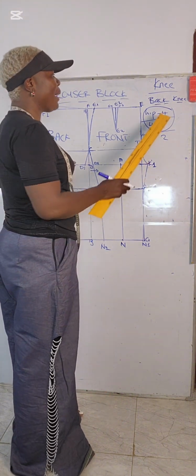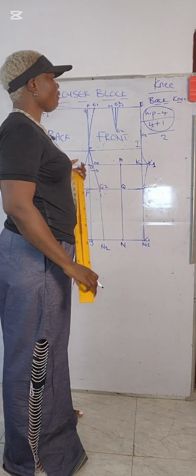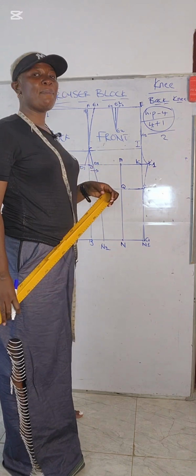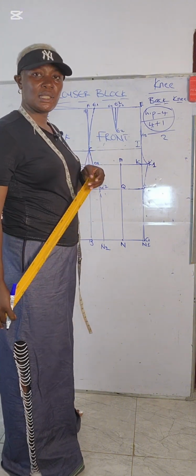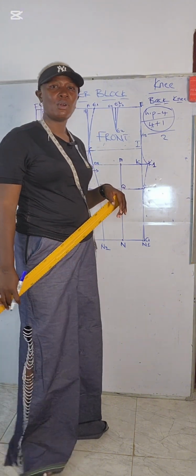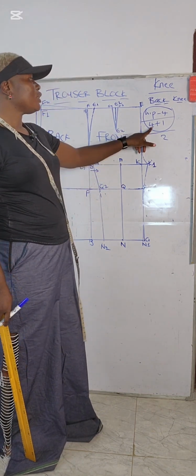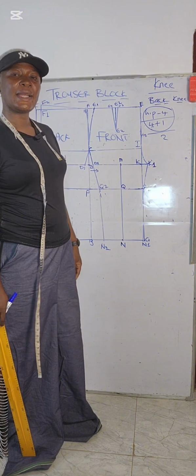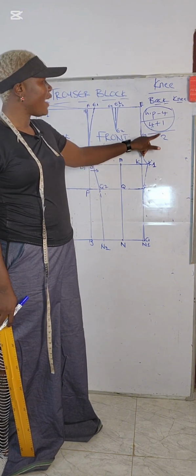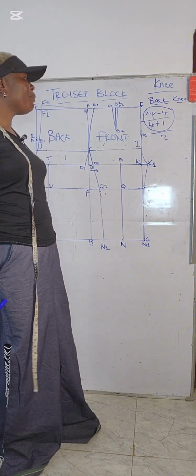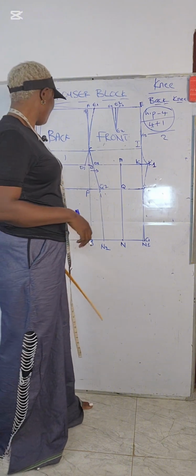Like I said, for my back knee, I say hip minus 4. My hip is 44, minus 4 is 40. Divided by 4, I get 10. Plus 1 is 11. Divide your 11 by 2.